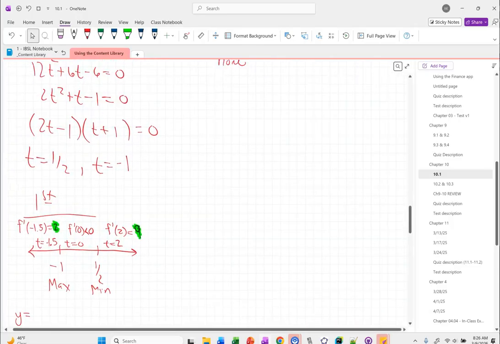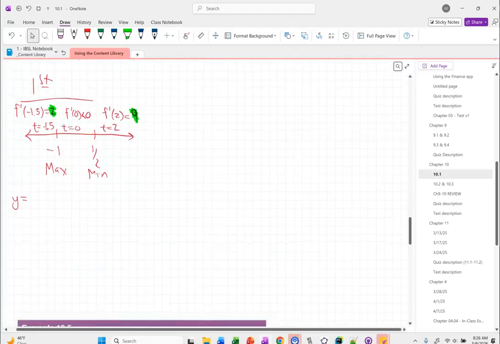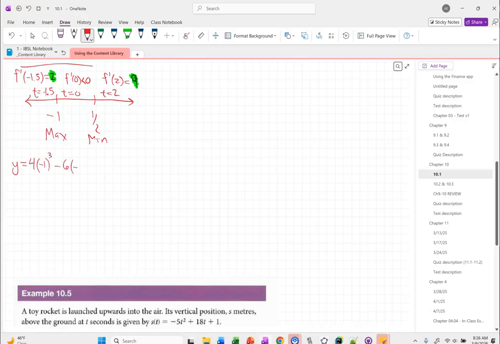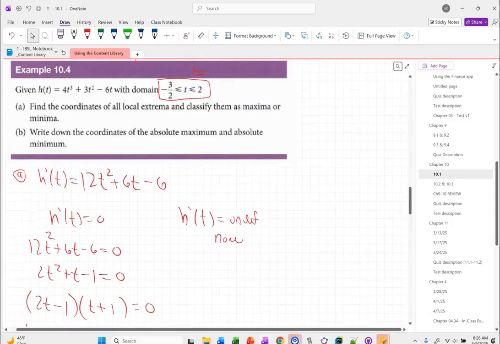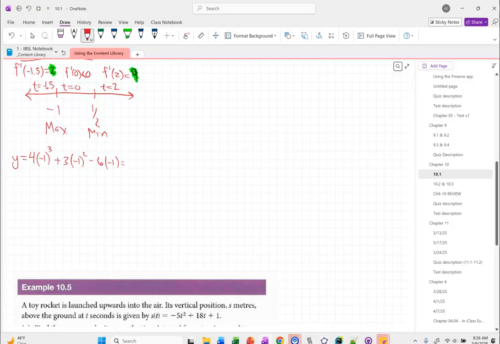I forgot what this function looked like. It's 4, 3, 6. Did I do the signs right? Nope, I have them flipped. So that's 4, plus 3 is 7, plus 6 is 13.